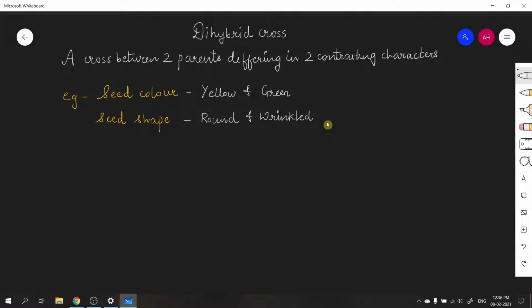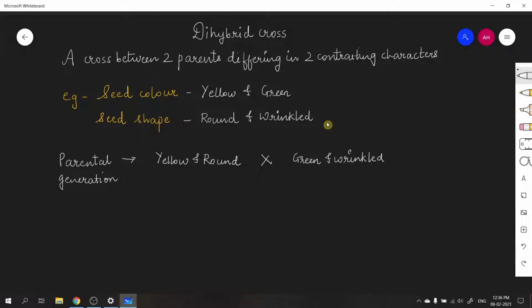All right. Now we will consider two parents. So let us write down the parental generation here, or the parents. So we will choose one parent which will have seeds that are yellow in color and they are round in shape, crossing with another parent which has green as a seed color and wrinkled seed shape.